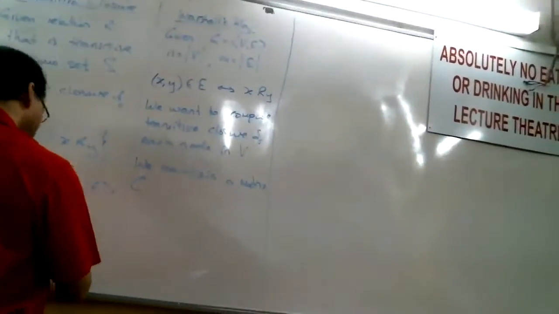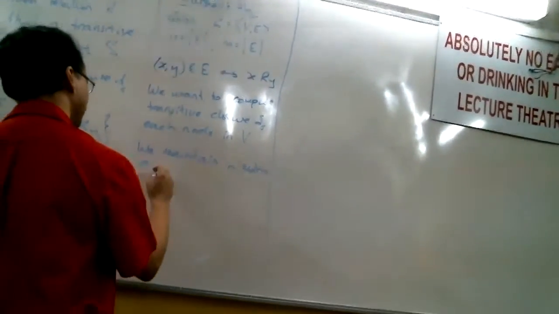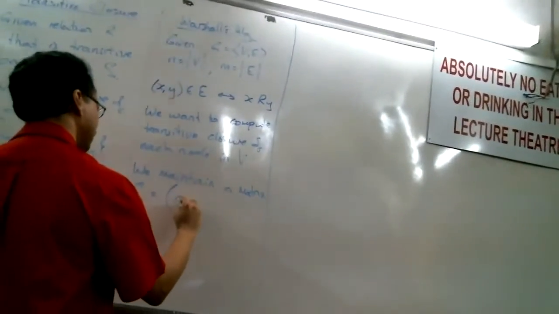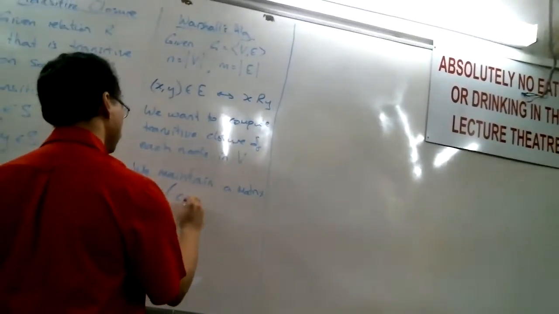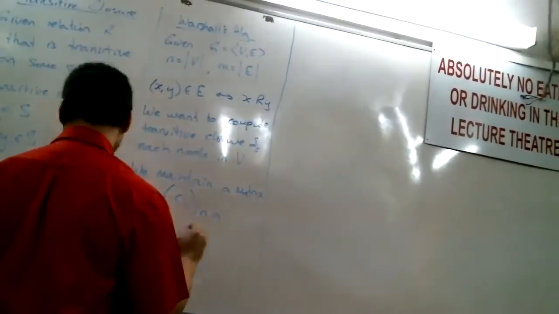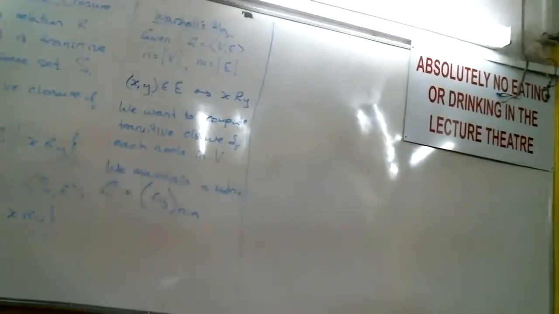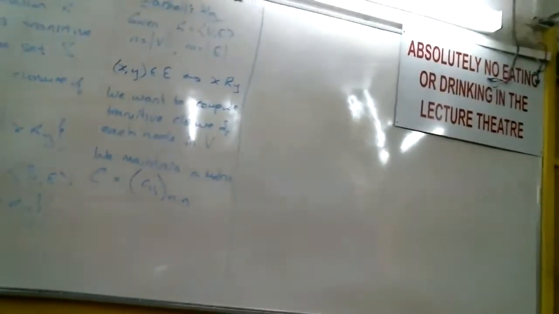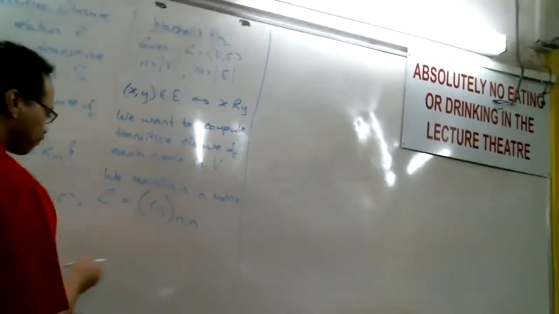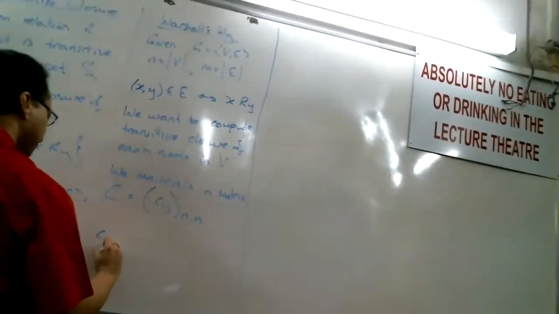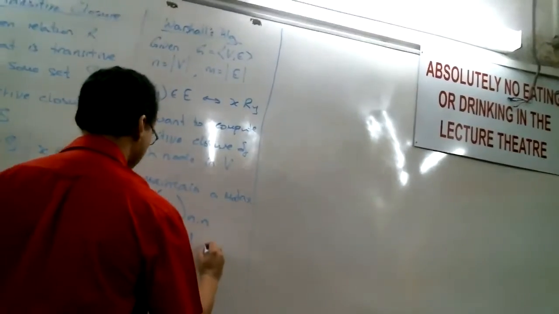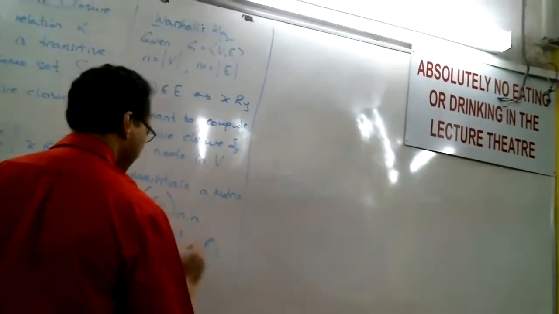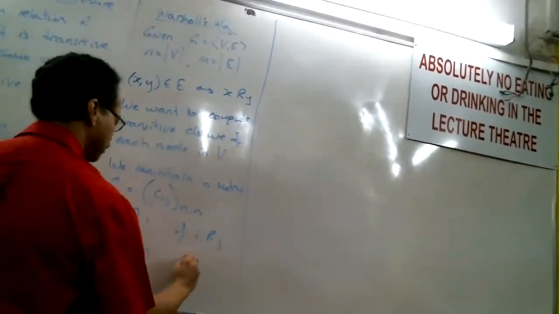Wait, that's not how you do it. Sorry. I'll just call it Cij, n comma n. And I have to define what Cij means. So Cij is going to be 1 if I is related to J, and 0 otherwise.